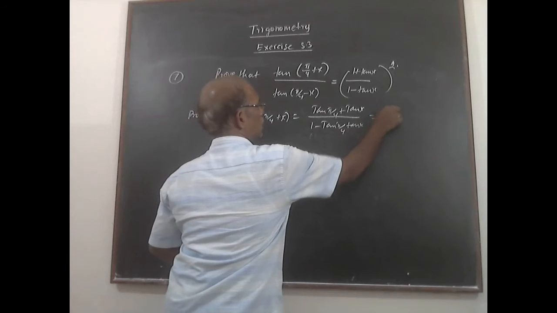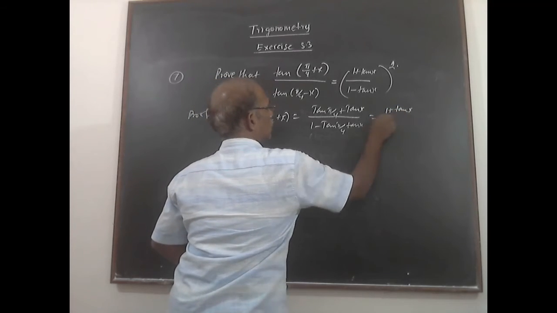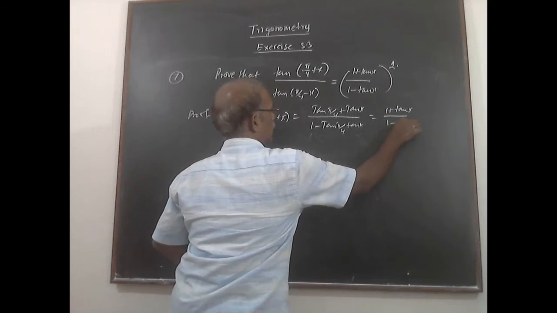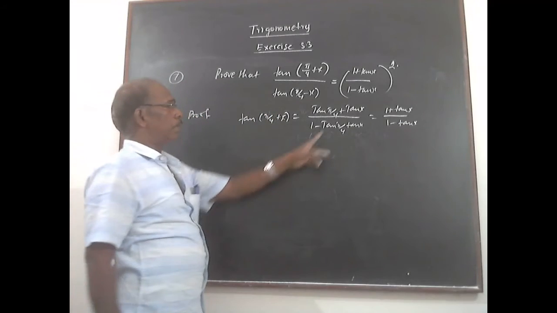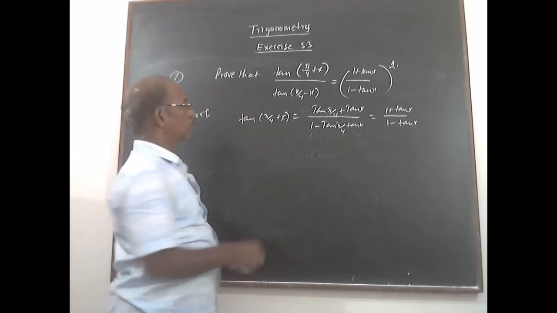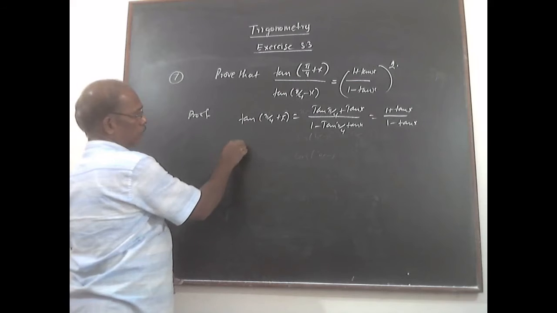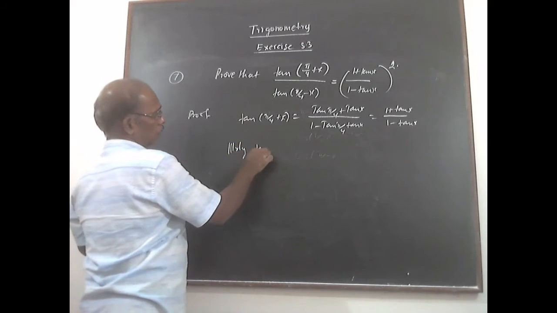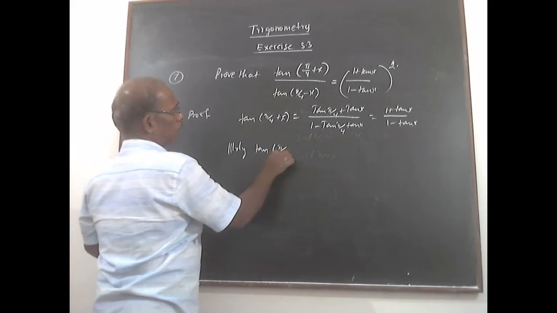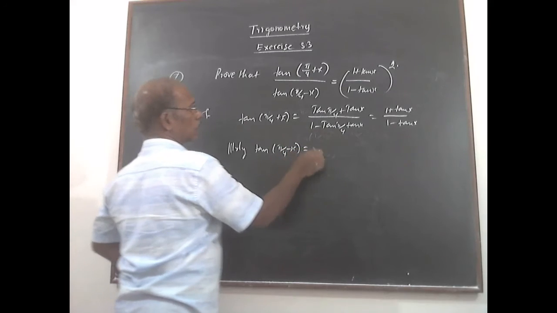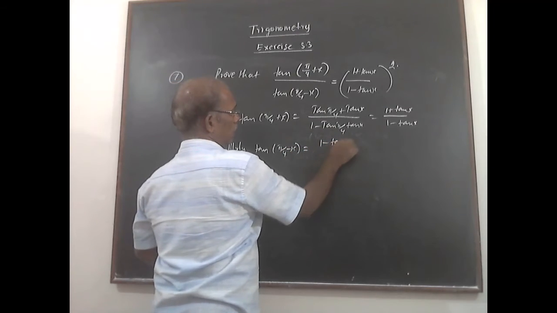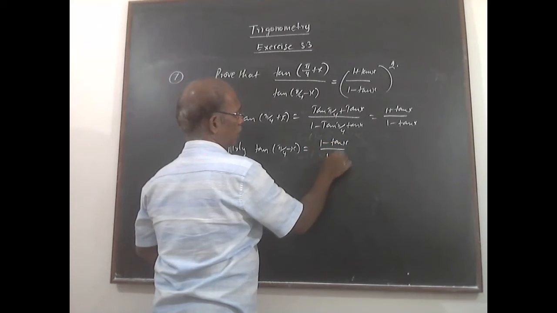This is 1 plus tan x by 1 minus tan x, because tan pi by 4 is equal to 1. And similarly, tan of pi by 4 minus x is 1 minus tan x by 1 plus tan x.